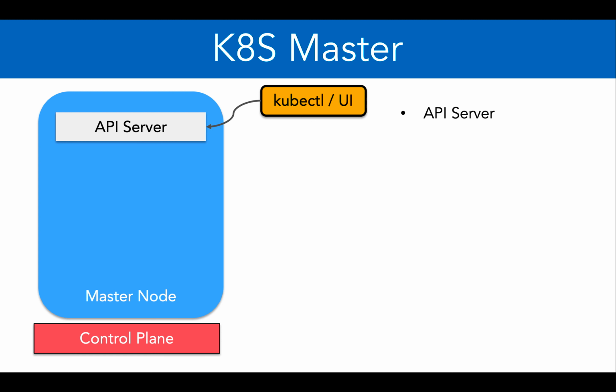So whatever commands we run, whatever commands we provide to the Kubernetes cluster, all those commands go to the API server only. So this API server process, or this program which is running on master node, is the only component which we can access from the outside world. None of the other components can be accessed from the outside world. So you can say that API server is the medium through which you can talk to the Kubernetes cluster.